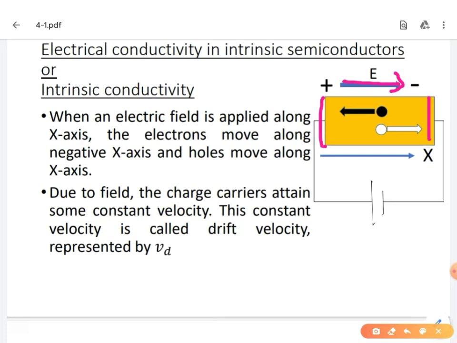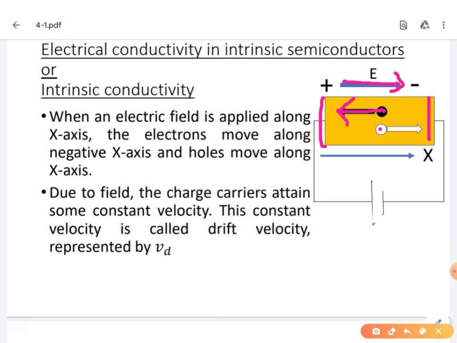In the diagram, the black dot denotes electrons and the white dot denotes holes. Electrons have negative charge, so they are attracted towards the positive side. So they always move opposite to the field direction, that means along the negative x-axis.